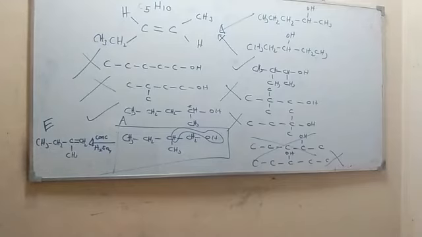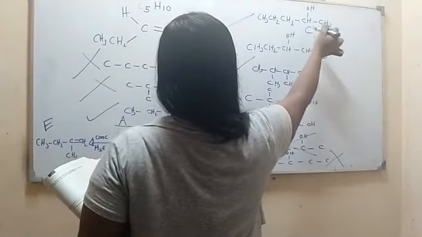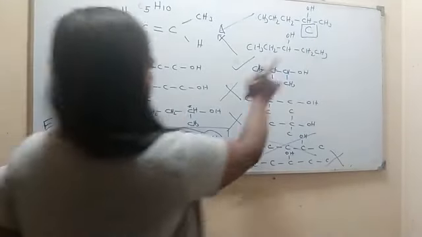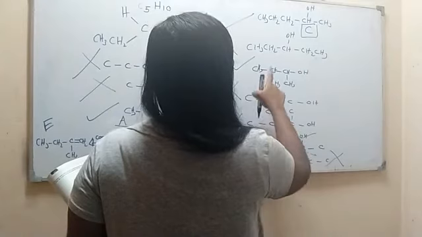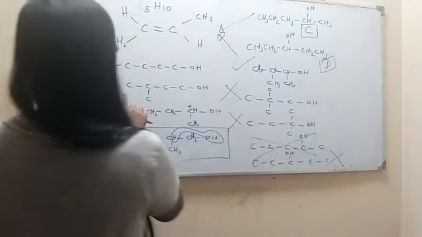So one skeleton should be C and one skeleton should be D. C shows optical isomerism. D doesn't show optical isomerism. Therefore, this should be C. This only shows optical isomerism. This is C, so this is D. So D doesn't show optical isomerism. We had only 2 possibilities.